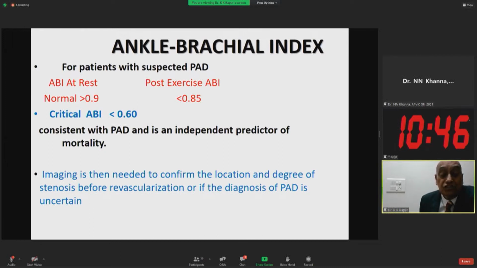Then it is consistent with peripheral arterial disease and is an independent predictor of mortality. However, this is a non-imaging technique. So imaging is then needed to confirm the location and degree of the narrowing before revascularization, or if the diagnosis of this PAD is uncertain.